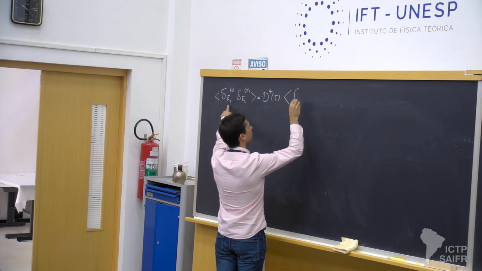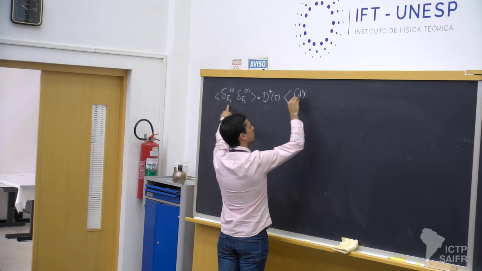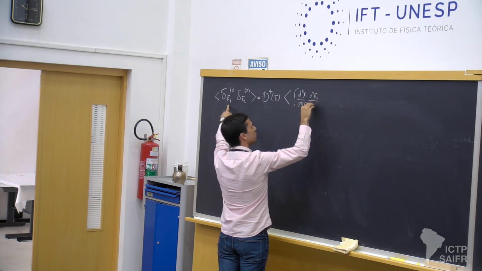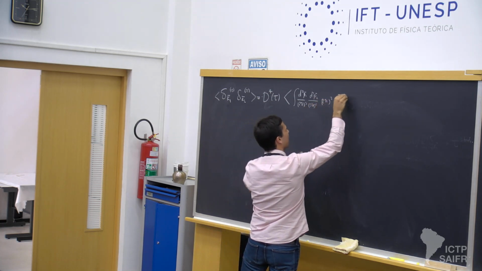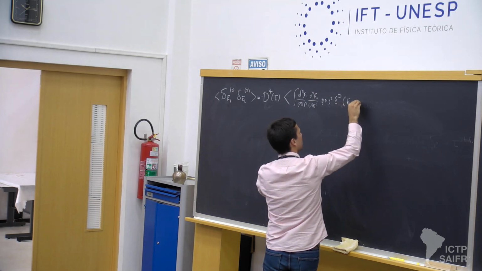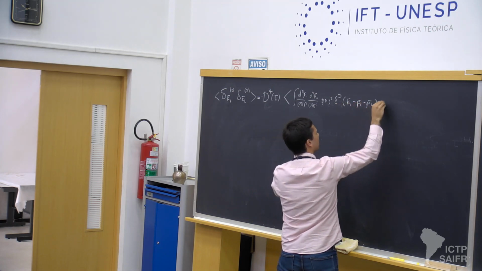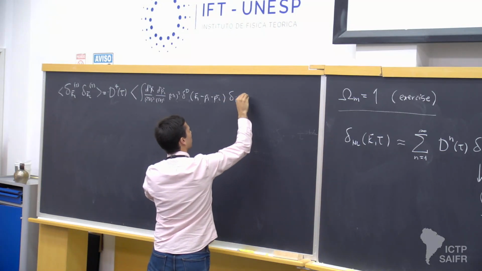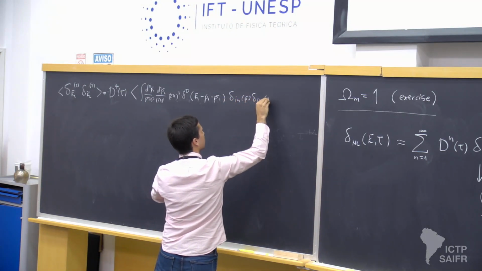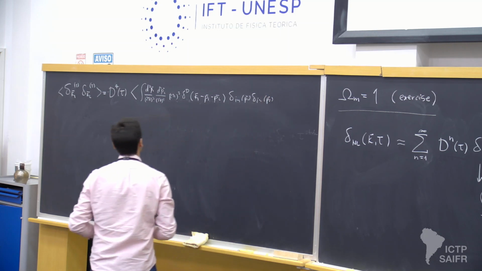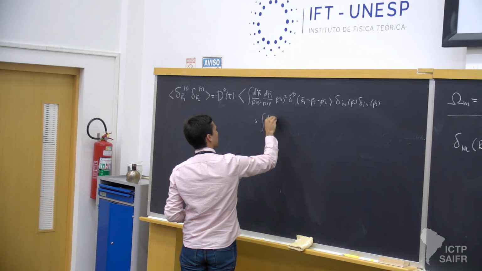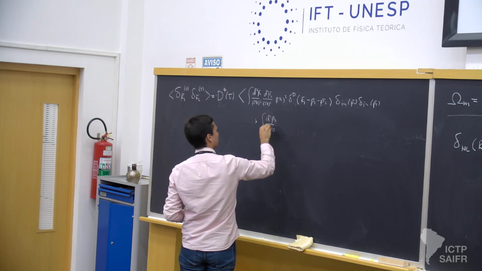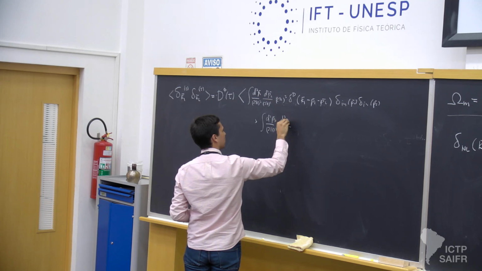So the first second order field is d3p1 over 2 pi cube, d3p2 over 2 pi cube, delta function of k1 minus p1 minus p2, and then delta initial p1, delta initial p2. Okay? Times the second field is P3, P4.